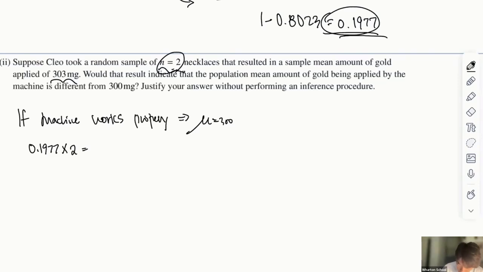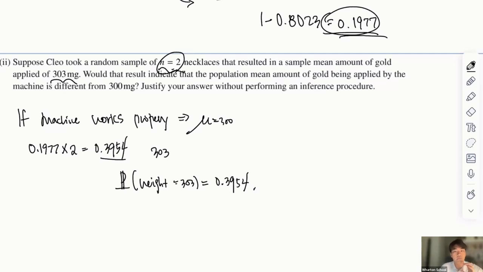If you calculate this, it is 0.3954 probability of getting a sample mean of 303 or more extreme in either direction, purely by chance.